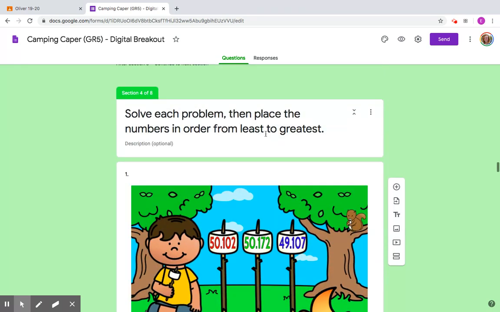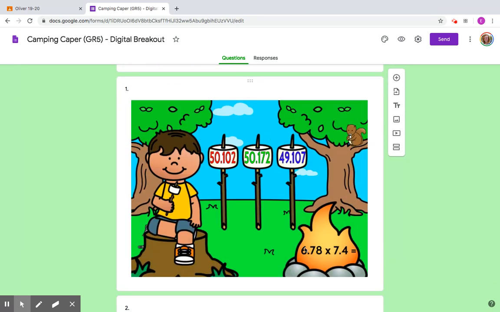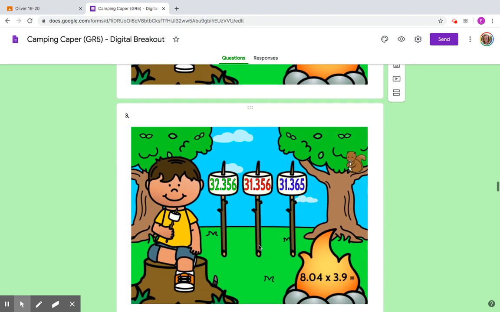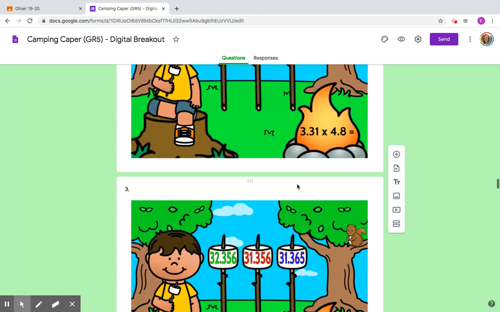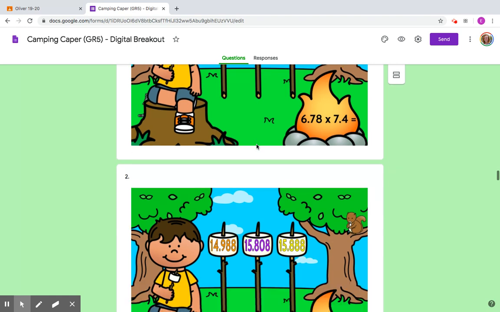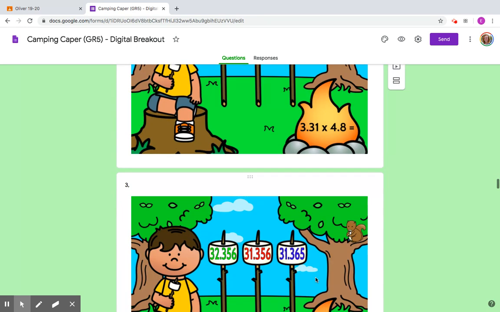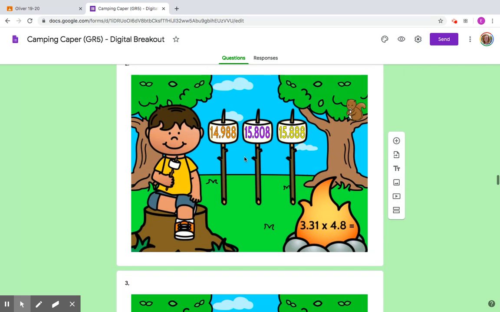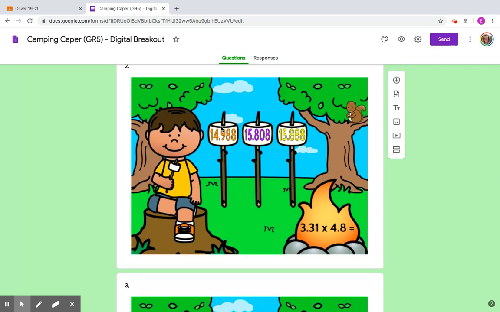So for instance, if I multiplied this out and I got this number right here, I'm going to put green. Then I multiplied and I got red. Then I multiplied out and I got blue. I'm going to order from least to greatest this green, the red, and the blue. And I'm going to think, which one's least? Will definitely be the 14.